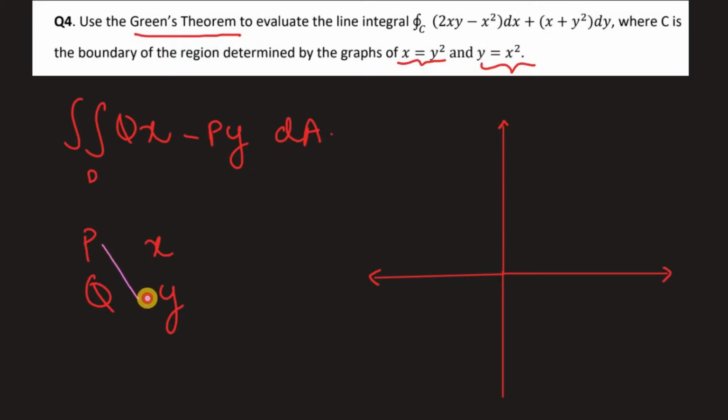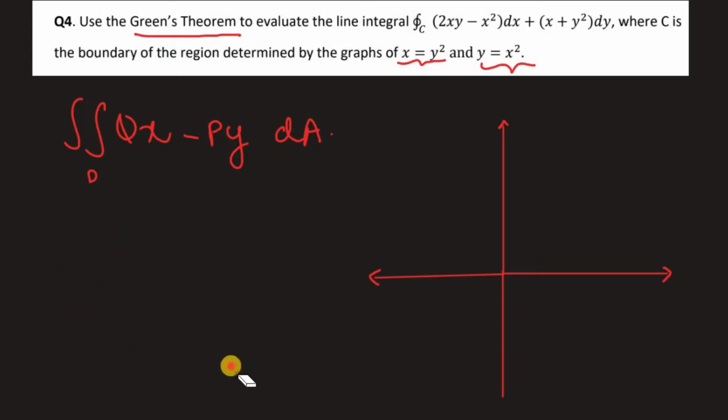In a determinant you go in one direction, but in Green's theorem you go in the inverse direction: q x negative p y. You always go bottom to top and then top to bottom. If you forget the equation, you simply do this in the exam, and you get q x minus p y. It's as simple as this.